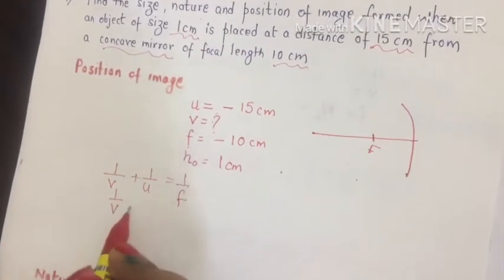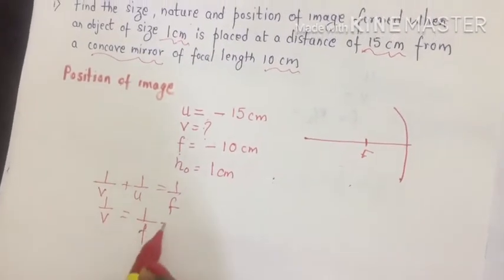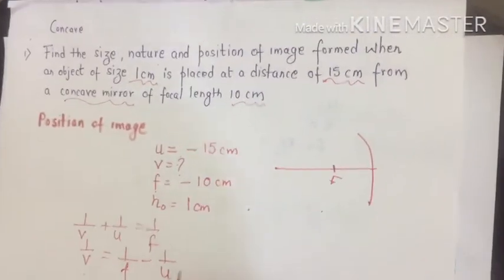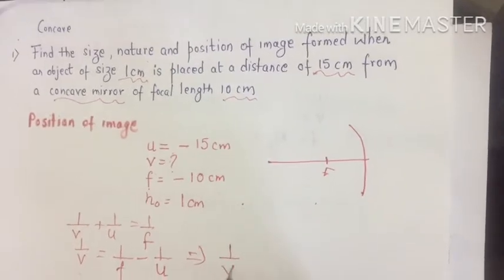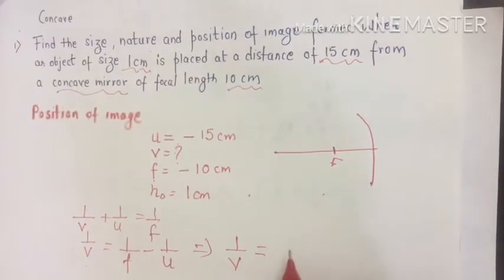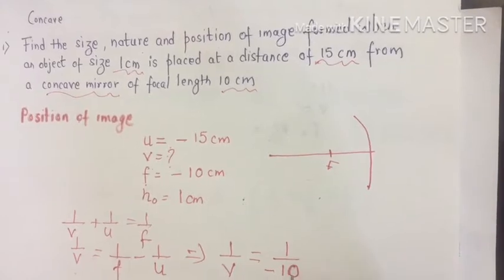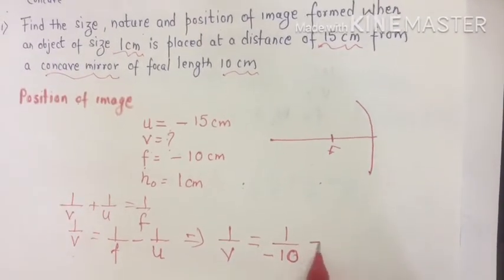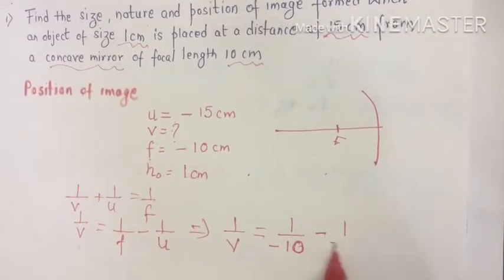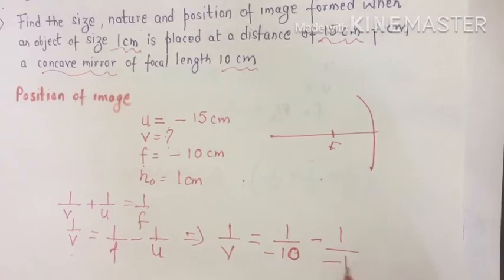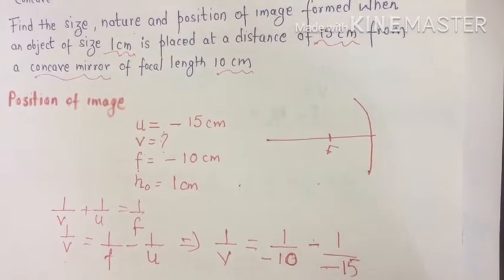So 1 by v is equal to 1 by f minus 1 by u, which implies 1 by v is equal to 1 by f. What is 1 by f? See, sign का हमेशा ध्यान रखना है. It is minus 10, then minus from the formula 1 by u. u is also negative, so these two will become positive.